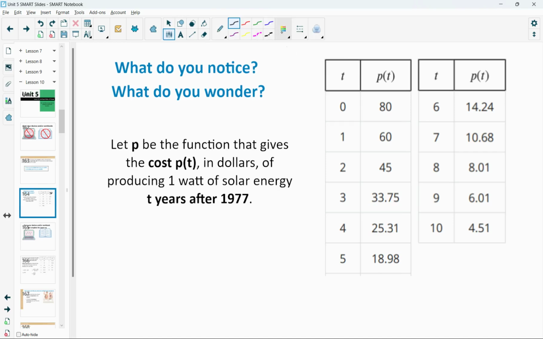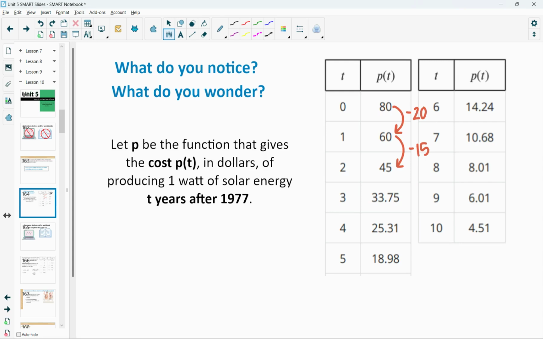One thing maybe you noticed was these values of the wattage. So it's saying the cost, sorry, the cost of producing 1 watt. So from here to here, it goes down 20, right? And then from 60 to 45, that's down 15.